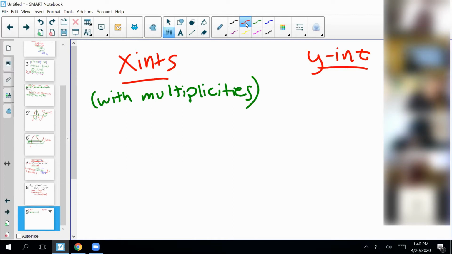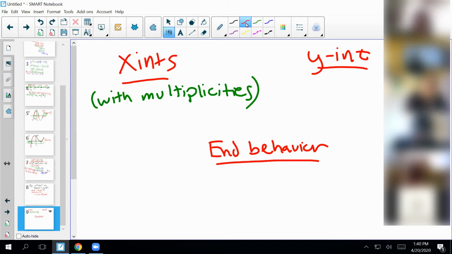And the final thing I want is the end behavior. And that's the thing I was talking about at the very start of class. That's actually what's happening as x goes way to the left or way to the right.